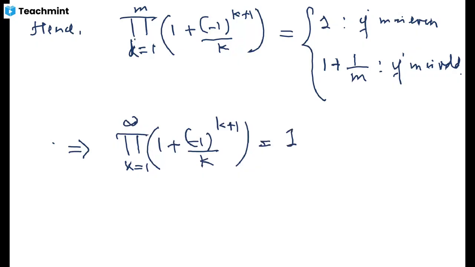Is it okay? Is it clear? Yes, sir. So this limit is 1. That means this infinite product is convergent, and it converges to the value equal to 1.